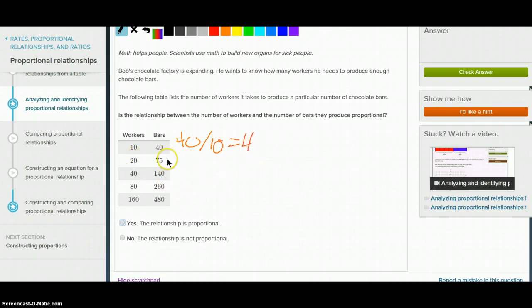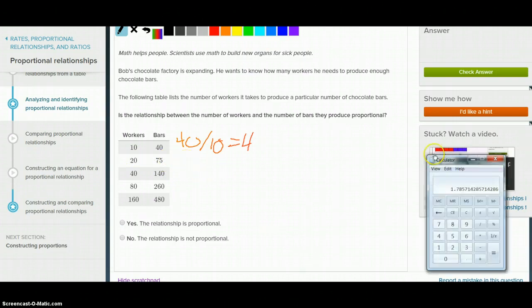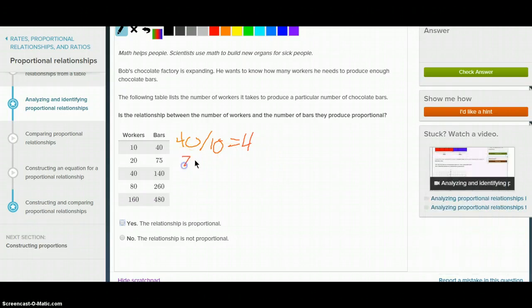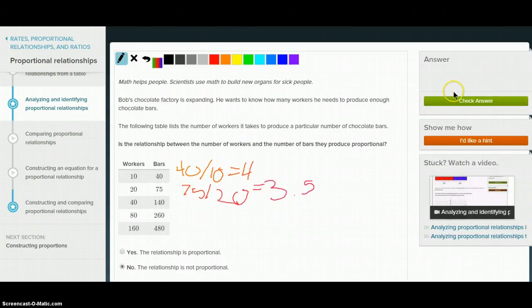And so over here, 75 divided by 20 is 3.75. So already we see that there's a difference. Alright, at this point we already know that they're not proportional because we already have a different number here. But if you wanted to continue, you can do 480 divided by 160 and 260 divided by 80 and see how close they match up.